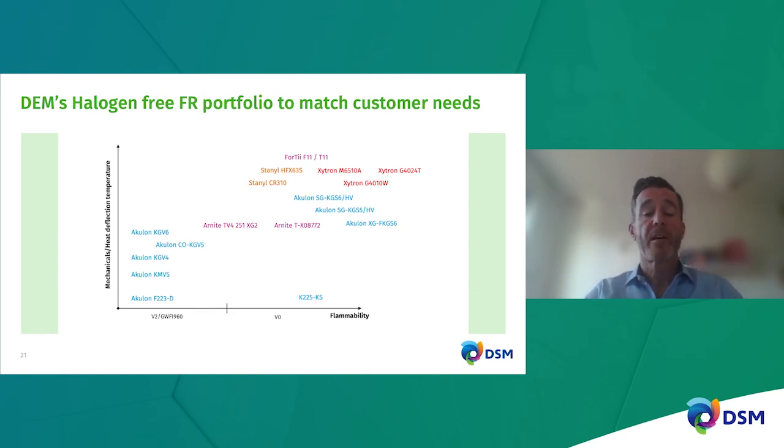Stenil CR310, our arc quenching material. Stenil HFX63S, our Stenil halogen-free flame retardant we position for high-performance housings. But also all the other materials like Xytron for internals, polyamide 66 for intermediate solutions. So we offer a complete portfolio for usage in electrical power distribution.